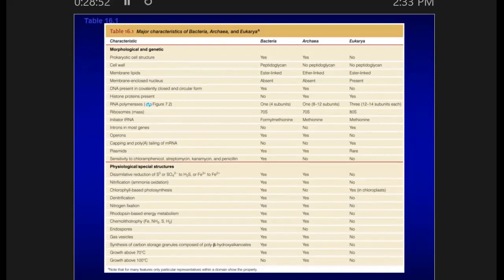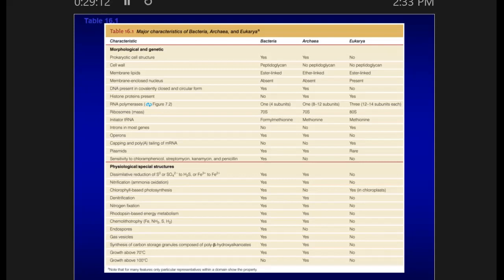I'd like you to be able to think about these three domains of life with some key aspects. So let's start at the top with prokaryotic cell structure. See that the archaea is prokaryotic.